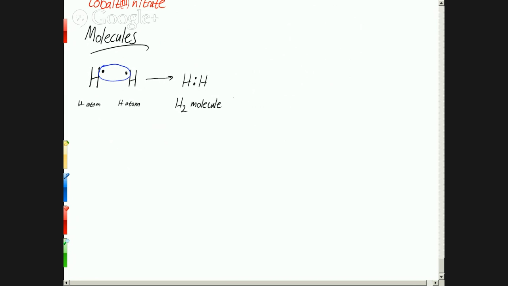The other way we draw this, anybody know? Besides using the dots, what's another way we can express those shared valence electrons? Have you seen it before? With a line, right. So another way that we can draw a molecule is like this.